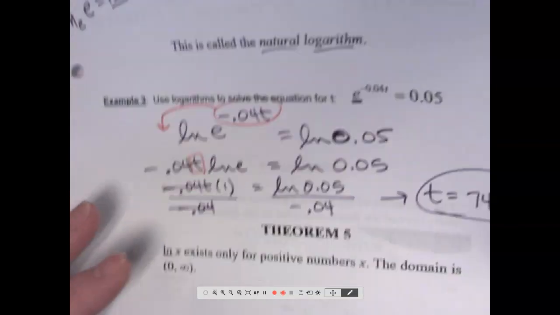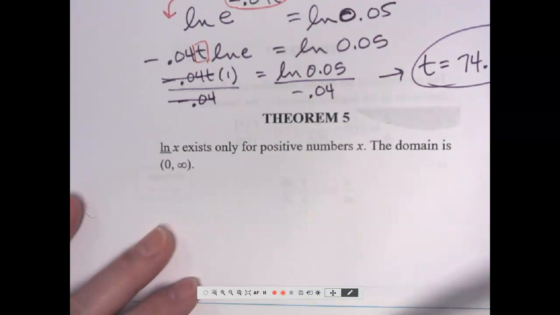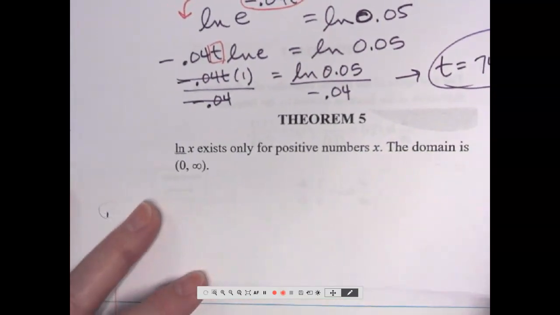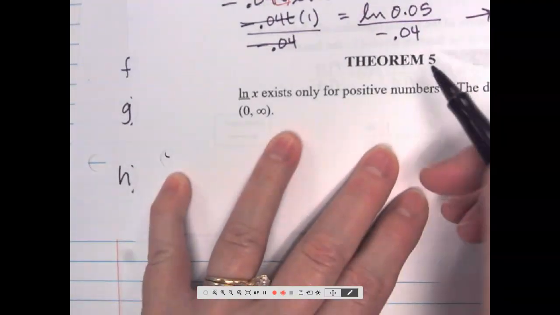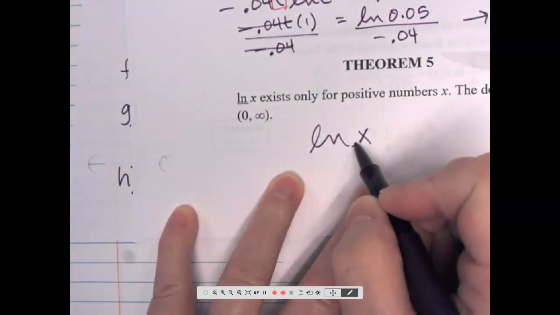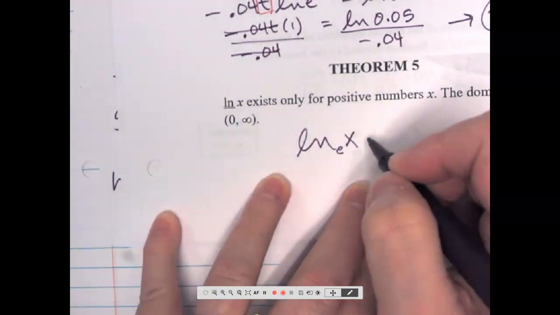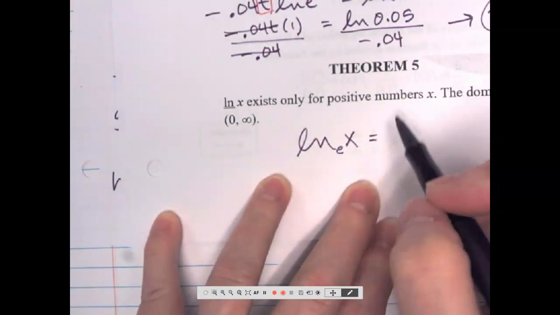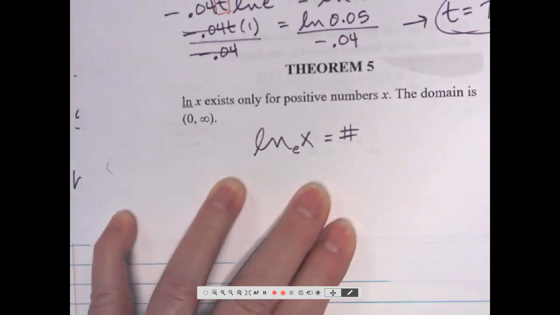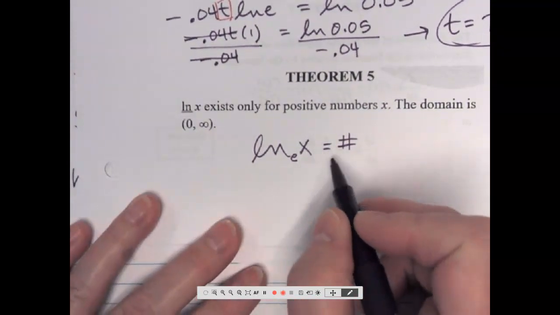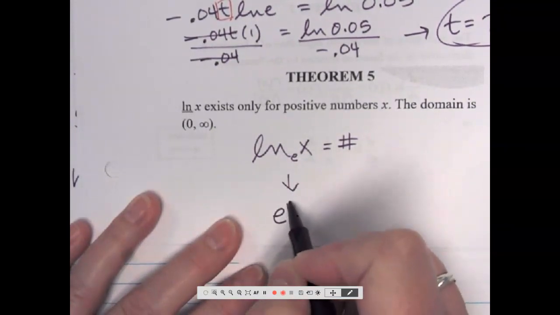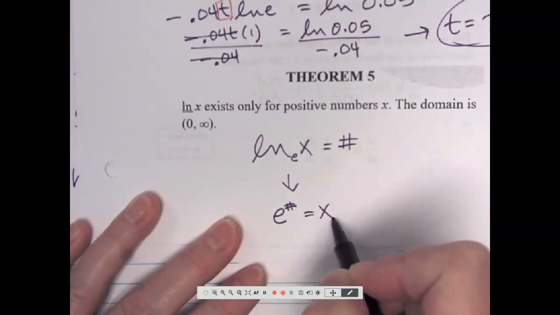Okay. If natural log exists for only positive numbers, the domain will be 0 to infinity. Okay, so why does this exist for only positive numbers? Okay, natural log of x. Remember, there's this understood base of e, and equals some number over here. Okay? All right, so let's think about this. If I am changing this to exponential form, then this would be e to a number equals x.